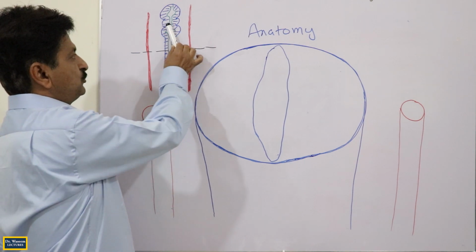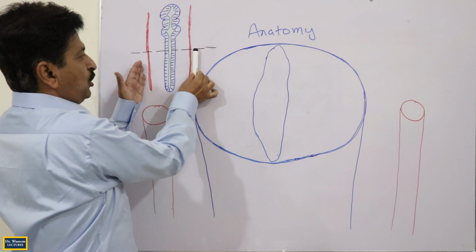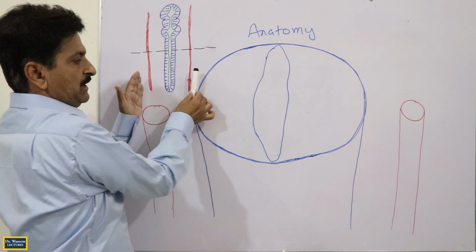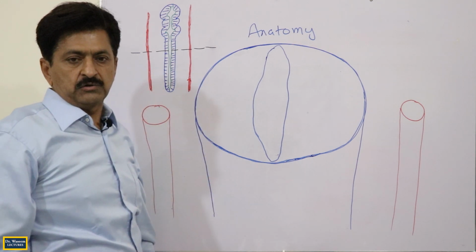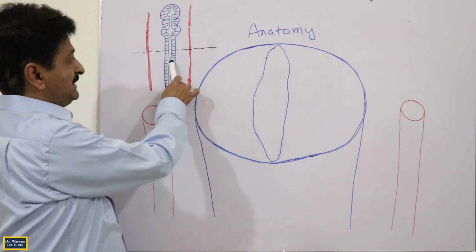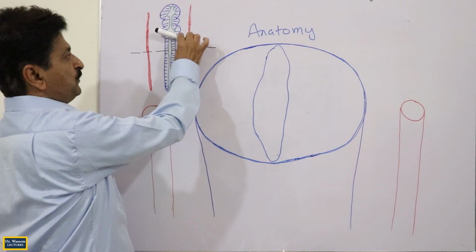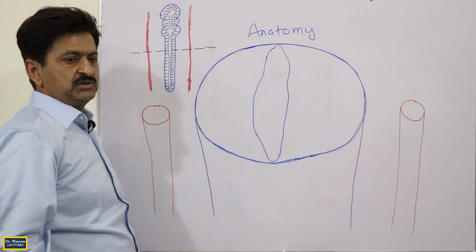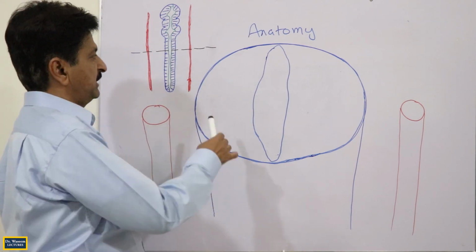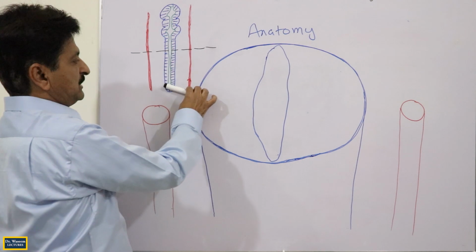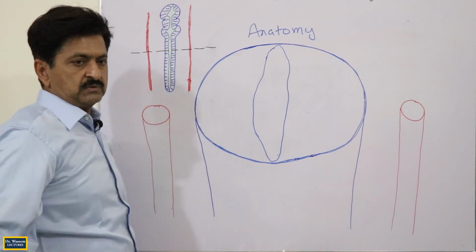This is the neural tube, and these are the two columns of neural crest cells standing on either side of the neural tube. You have already seen that the upper half of the neural tube will form three brain vesicles, which will develop into the forebrain, midbrain and hindbrain respectively, and the rest of the neural tube will develop into the spinal cord.